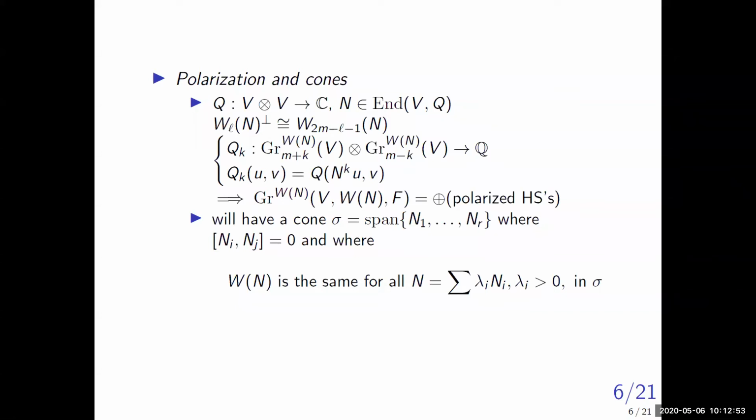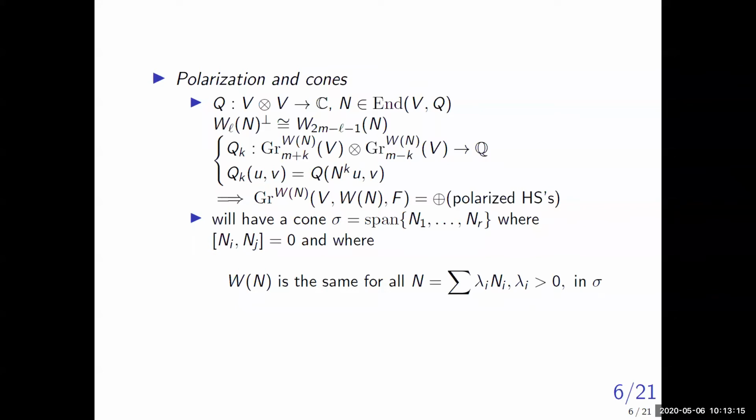Okay. In general, we'll have not just one nilpotent N, but a collection, say r of them, commuting, and they have the very special linear algebra property that the weight filtration is the same for all elements in the interior of the cone.